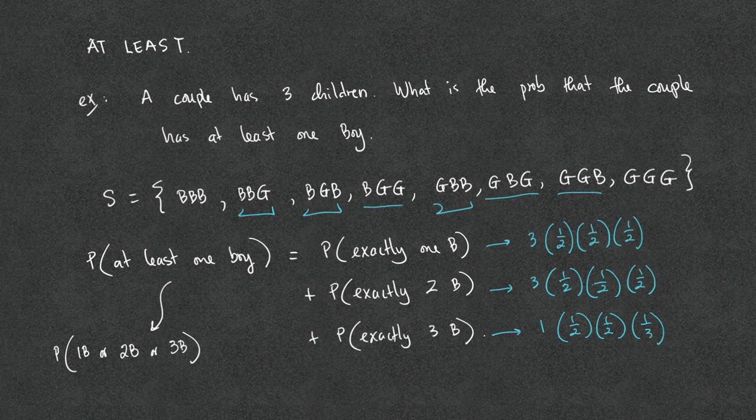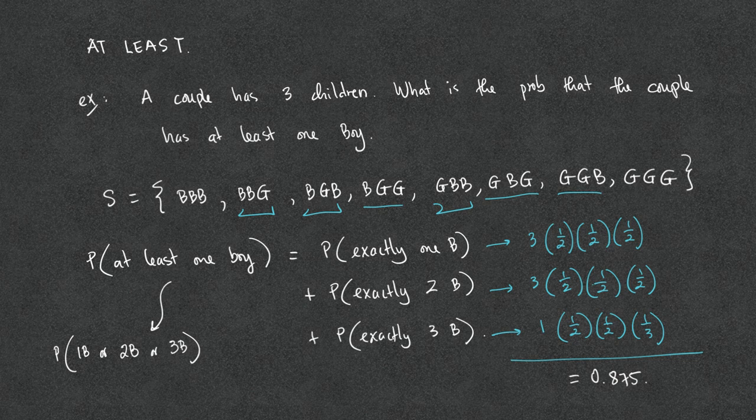Notice that when we multiply these 3 numbers, we actually use independence. That is, having a boy the first time is independent of having the boy the second time and having the girl the third time, and so on. If we add these up, the probability of getting at least 1 boy out of 3 children is 0.875. Now, this is the long way to do this problem.